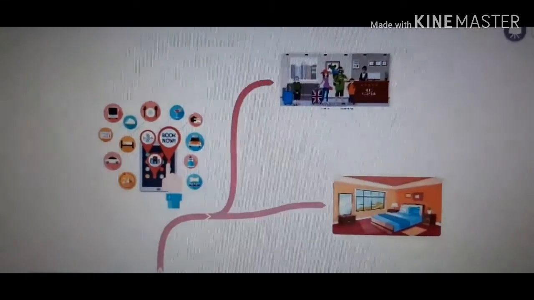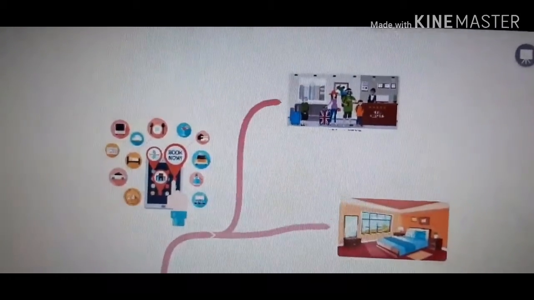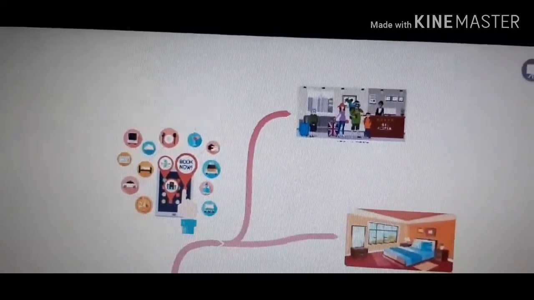Then I'm going to move to the next one, that is tour operators, products, and services.